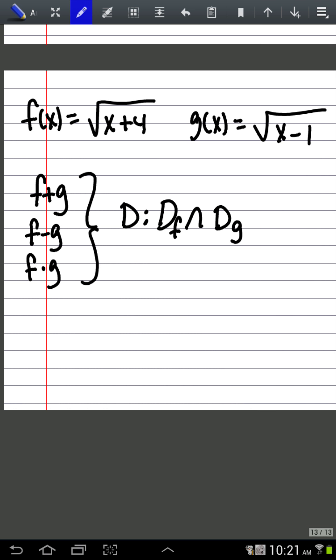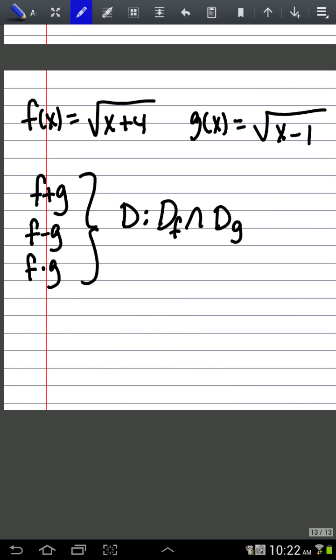Now, let's talk about the domain of F and the domain of G. Think about them just a minute. They're square roots, aren't they? So square roots can't be negative. What has to be true about this x value here?